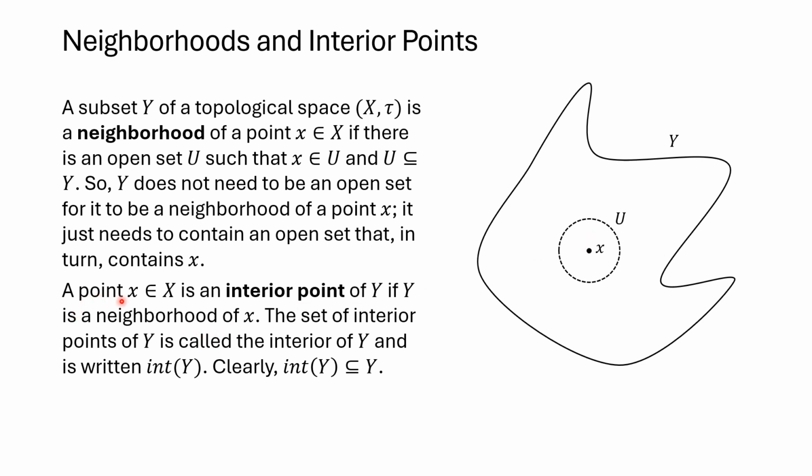Then a point x in our topological space, capital X, is an interior point of Y if Y is a neighborhood of x, so that's what we just discussed here. The set of interior points of Y is called the interior of Y and is written int Y. And clearly the interior of Y is a subset of Y. So we again have one example here.